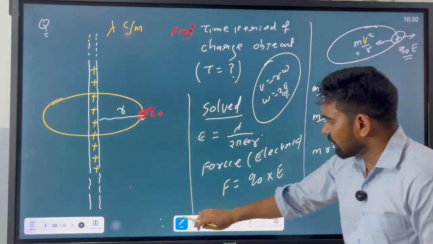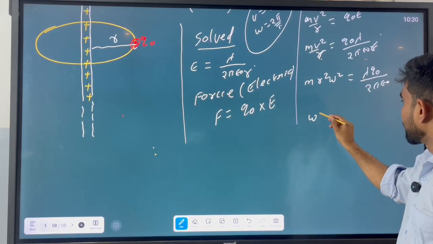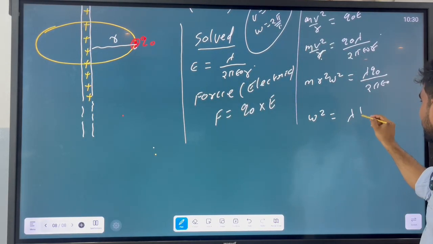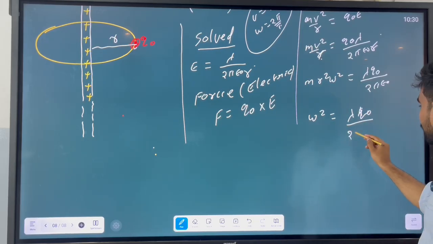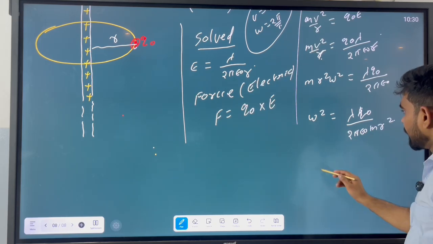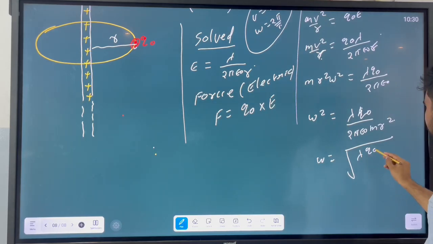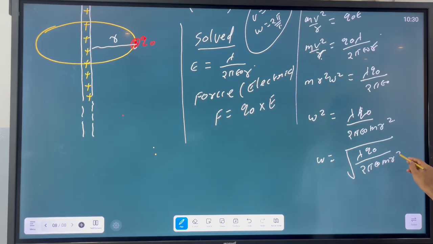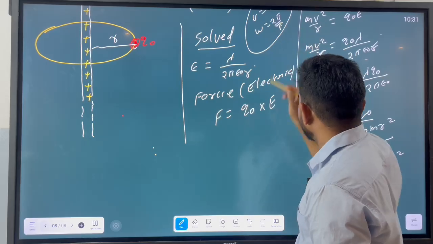For omega square equal to lambda q naught divided by 2 pi epsilon naught m r square, omega equal to the square root of lambda q naught divided by 2 pi epsilon naught m r square, and omega equal to 2 pi by T.